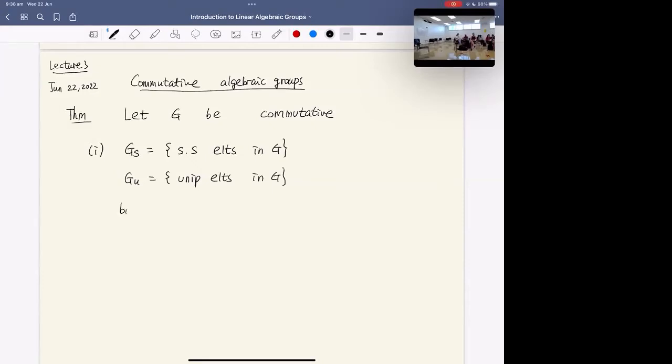In this situation of a commutative group G, both sets are actually closed subgroups. Moreover, using the Jordan decomposition again, there is a natural morphism from G_S cross G_U to G, and because G is commutative, this is actually an isomorphism of algebraic groups.